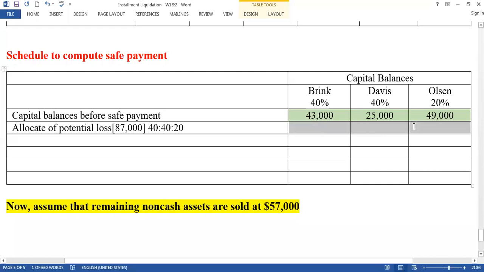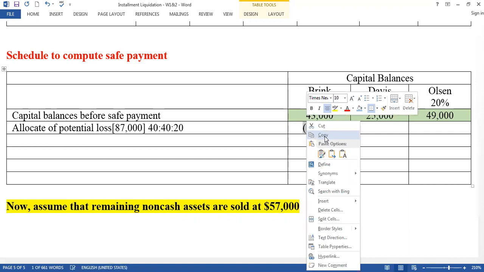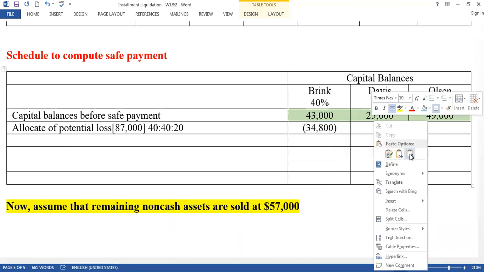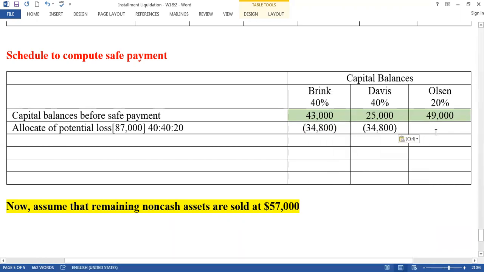If we allocate this loss here, it is 38,000, 34,800, the same 34,800 here, and also 17,400.